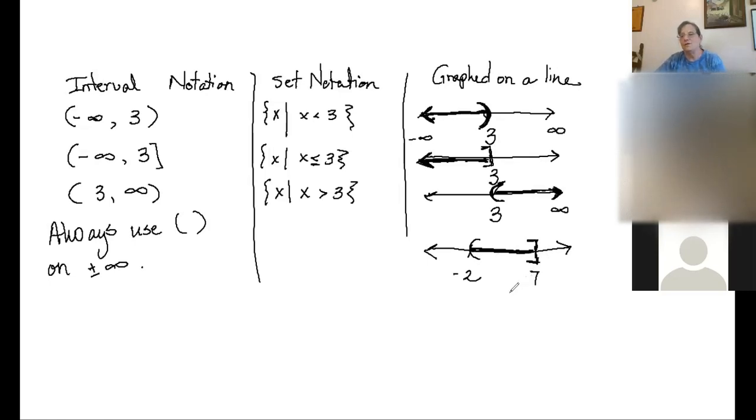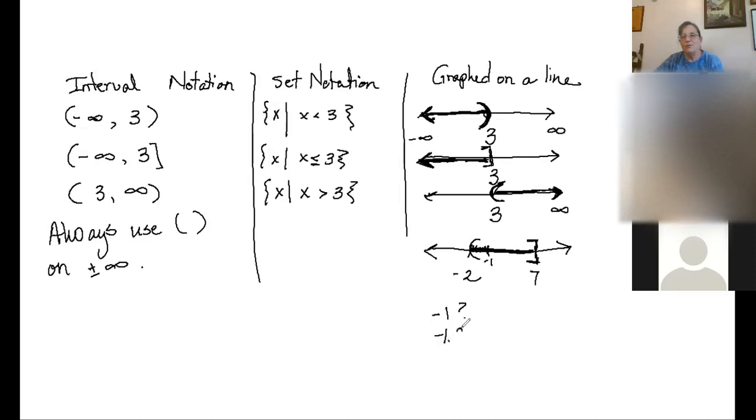We can't just always do brackets because there's no way to determine what the very first point just above -2 is. Is the first point larger than -2, -1? No. What about all these points in between?